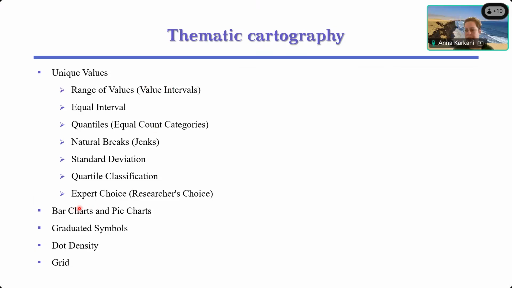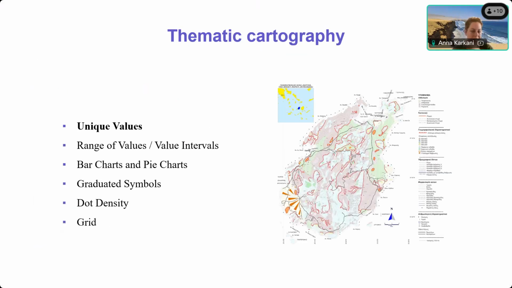We can create charts. In thematic cartography, we have the graduated symbols. There is what we call dot density, and there is also the grid option. And we will see them one by one to remember a little bit what each of them is.